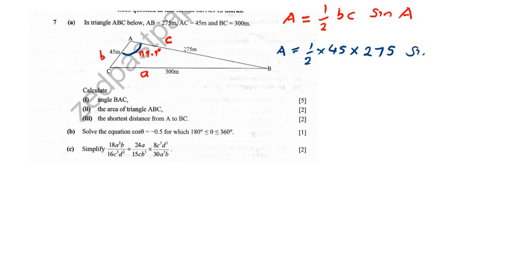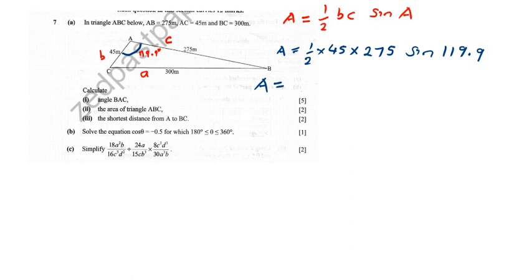Sine A, it is our angle A, and our angle A we found to be 119.9. So this means that if you got it wrong in the first part, probably you will get this one wrong too. So don't be making mistakes when solving. So A is equal to, let's multiply 1 over 2 times 45 times 275.